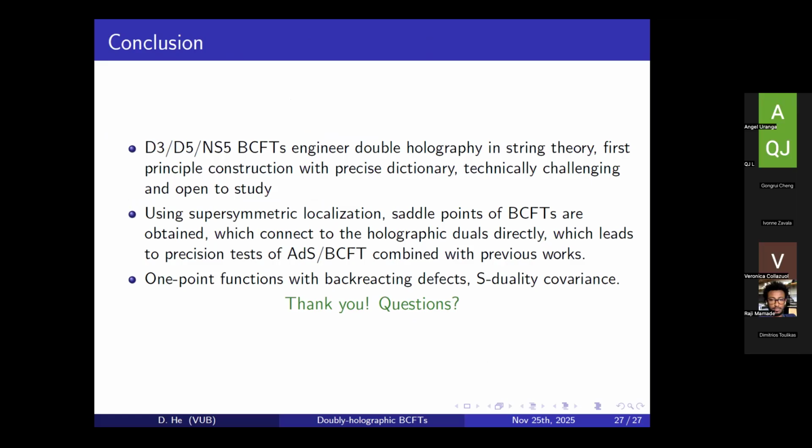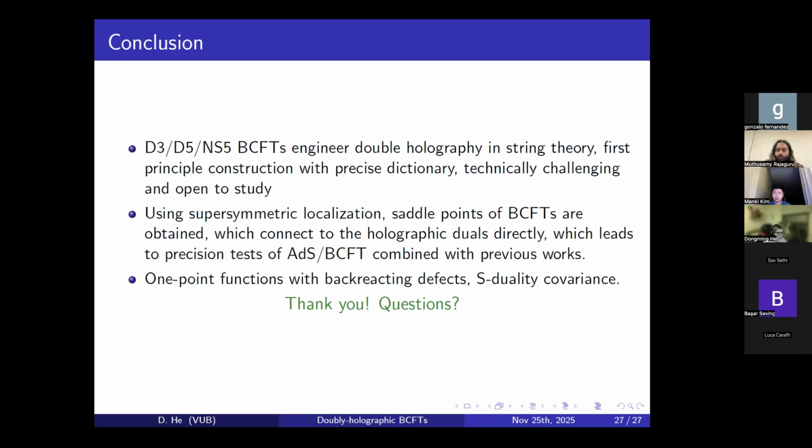And then on the BCFT side, using supersymmetric localization, we study the saddle point of the BCFTs, and we provide precision tests of AdS/BCFT. And using such saddle points, we study observables, for example, one-point functions with backreacting defects, and it has manifest S-duality covariance. Okay, thank you, and welcome for questions.